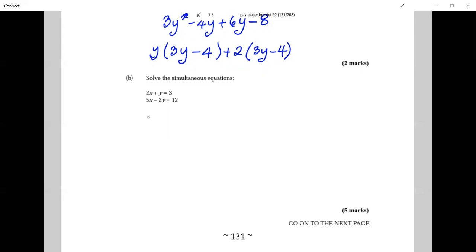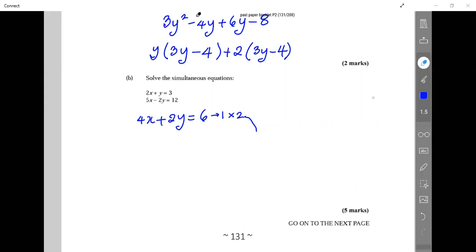2 2's are 4. 2 times y is 2y, and 2 times 3 is 6. So this is equation 1 multiplied by 2.